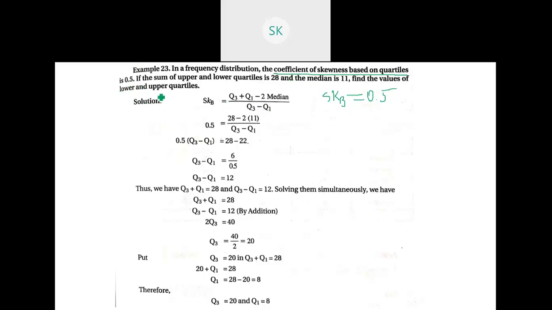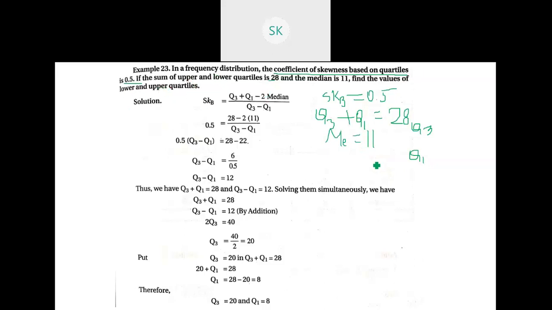Then, if the sum of upper and lower quartiles, Q3 plus Q1, is 28, and the median is 11. So they have given the value of median also. Median is 11. Find the values of upper and lower quartiles.